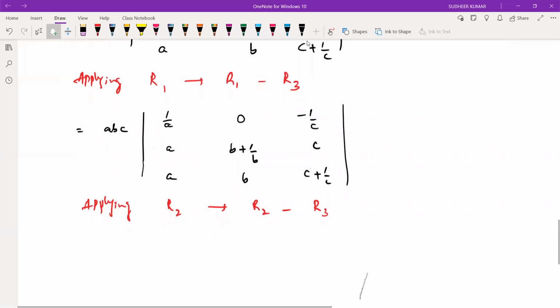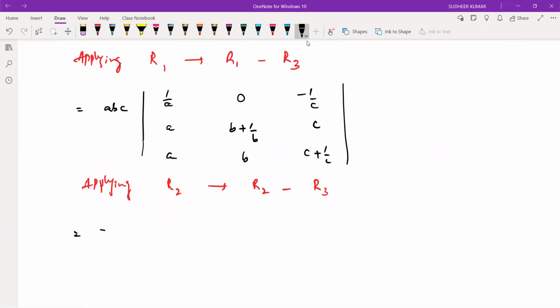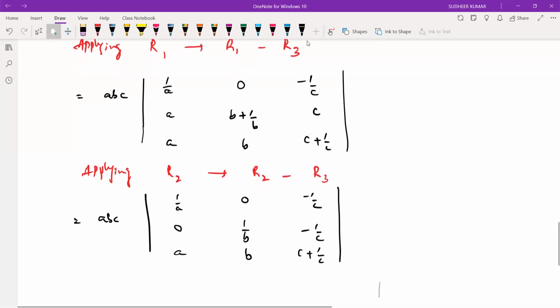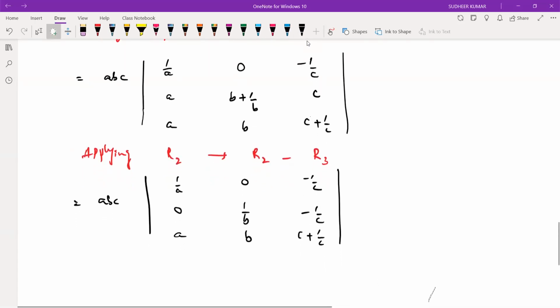Then we get abc times 1 by a, 0, minus 1 by c. The next one: a minus a is 0, b plus 1 by b minus b gives 1 by b, c minus c plus 1 by c gives minus 1 by c. And R3 remains the same, a, b, c plus 1 by c. Now can we take any values common from this?